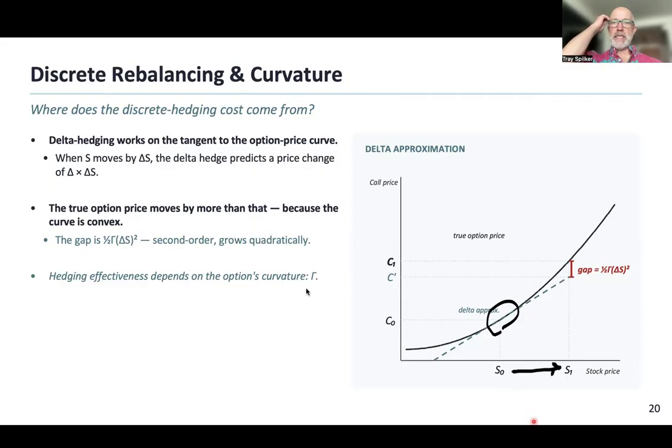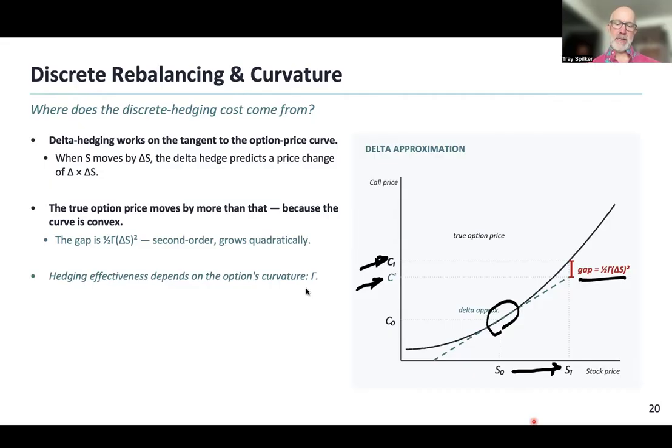And the tangent line gives us an approximation, which is identified here as C prime. But the true option price moves further up to C1, right? That is, it moves up to slightly above where C prime indicates. So this vertical gap between C1 and C prime here is the hedger's residual loss, if you will, after rebalancing.